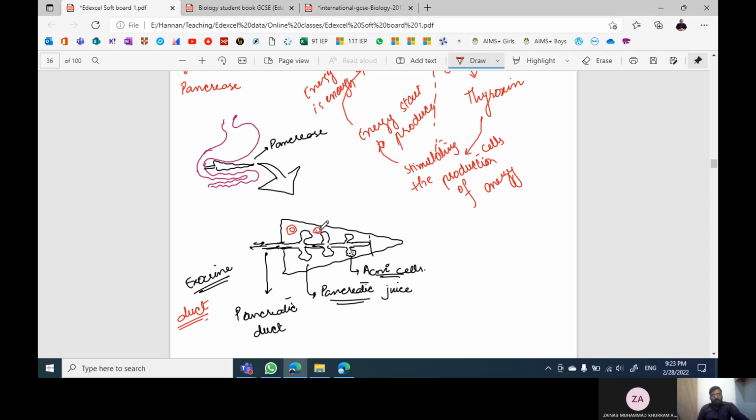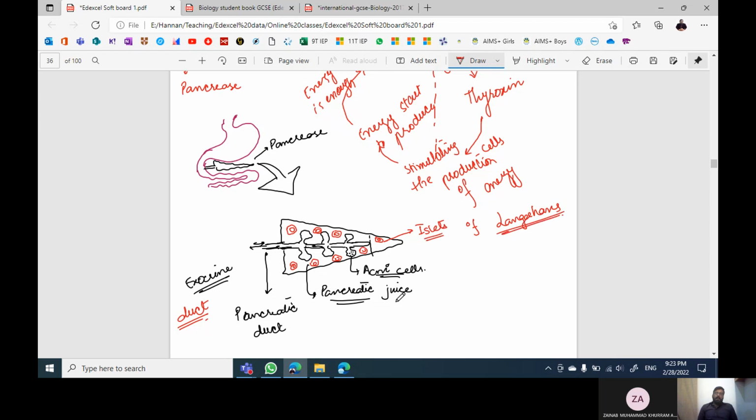These cells are located just like small islands in an ocean, a group of islands in a huge ocean, and these small groups of cells are named accordingly. These are known as islets of Langerhans. Langerhans was the name of the scientist.